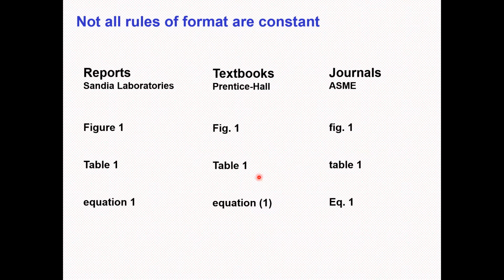Similarly for tables, you write Table in full, but in the textbook and report the T for table is capital, while here it is a small t. If you come to the equation, in journals the equation is written in short, only Eq. 1, unlike the textbook.